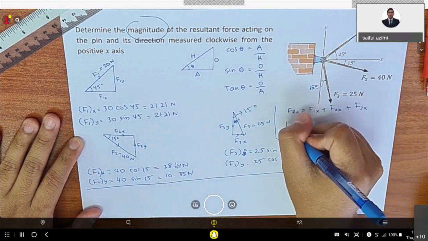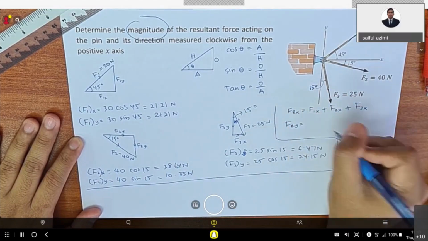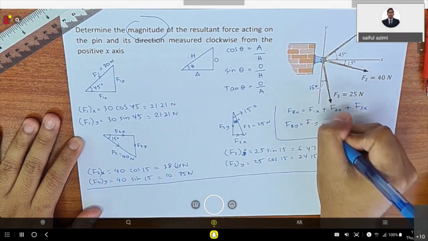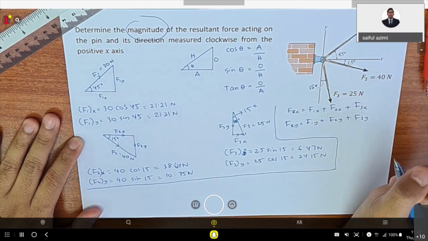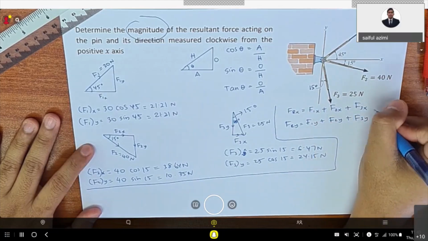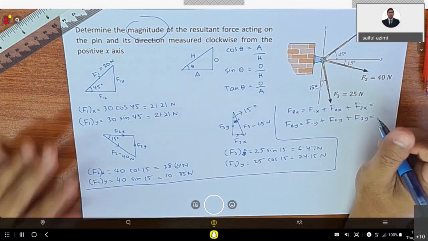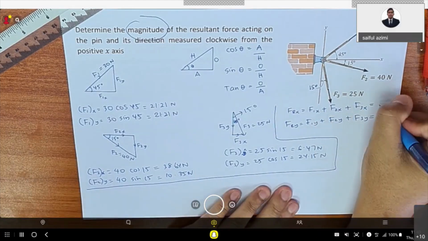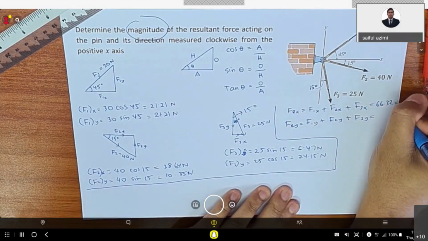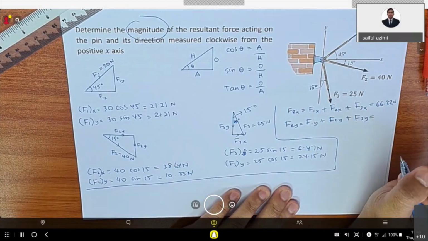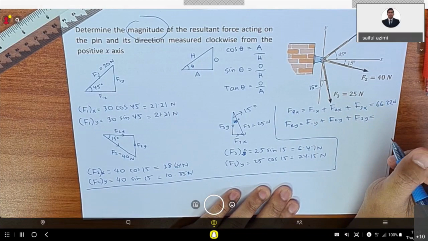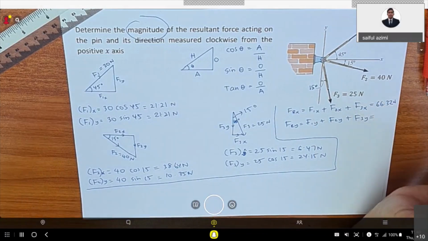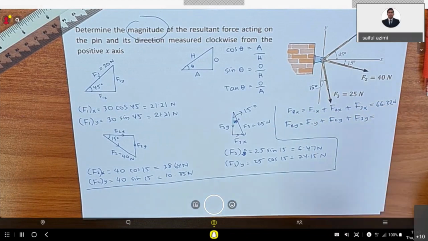Force resultant Fry equals to F1y plus F2y plus F3y. If you add it together, you will get 66.32 for the first one, and for the second one you will get 21.21.